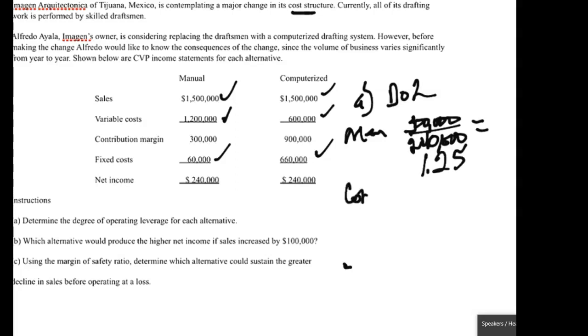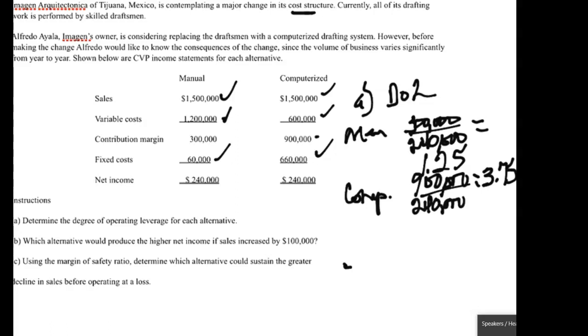For computerized, it would be the contribution margin, 900,000, divided by the profit, 240,000. So it has a degree of leverage of 3.75, considerably higher than the degree of leverage for manual.